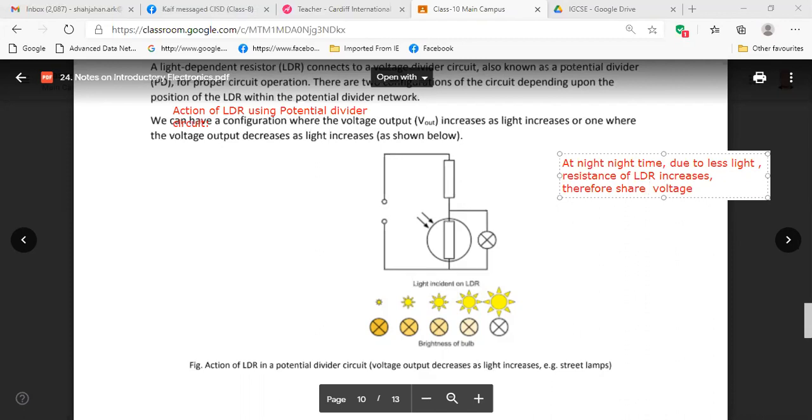Shared voltage across LDR increases. Hence, the lamp lights, or you can say, becomes brighter. Anything you can say. Is it clear now?